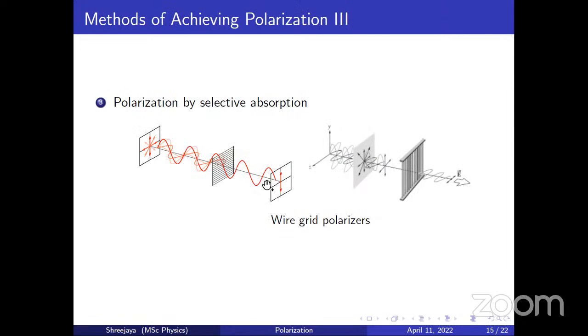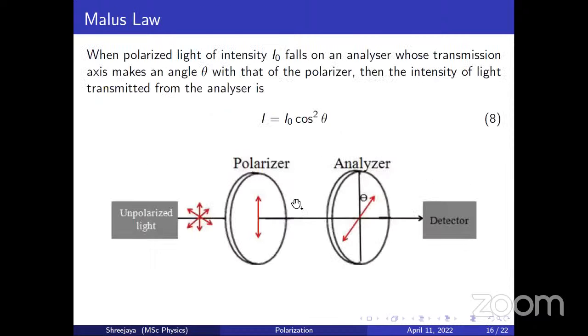We need to know what is the intensity that we obtain here. Not just here actually. We need to know, if there are two polarizers, not just the wire grid polarizers, what will be the intensity that we get at the end? So we have something called the Malus law.